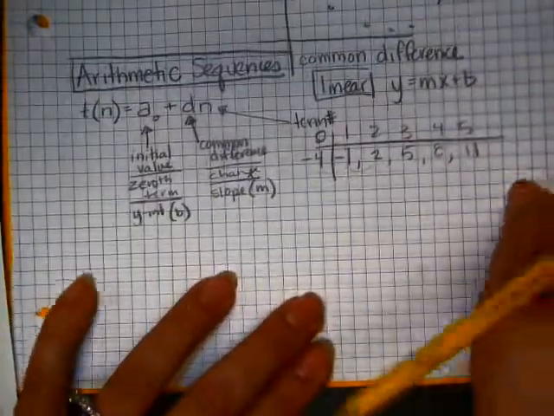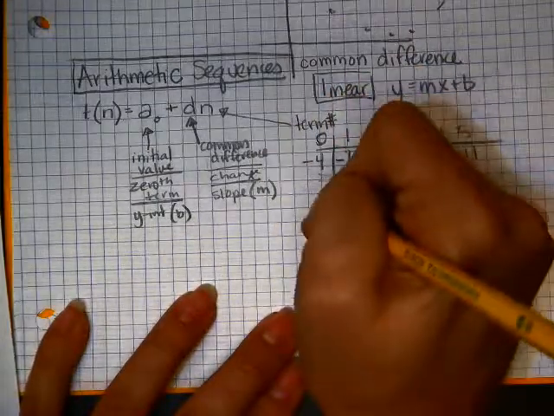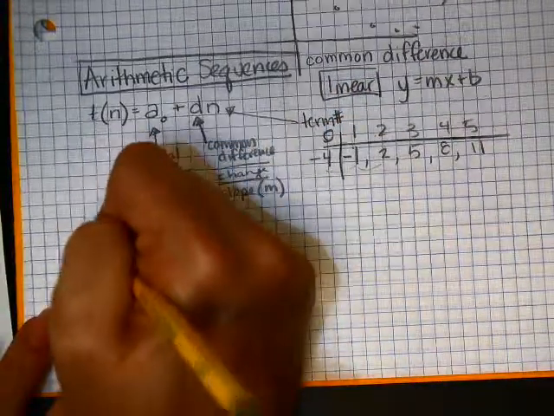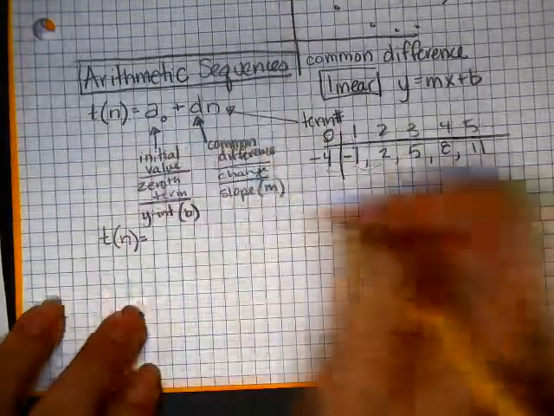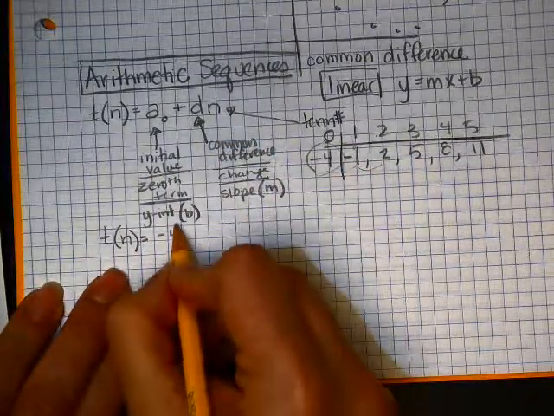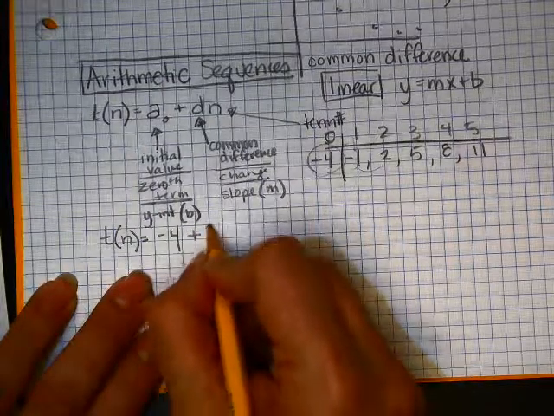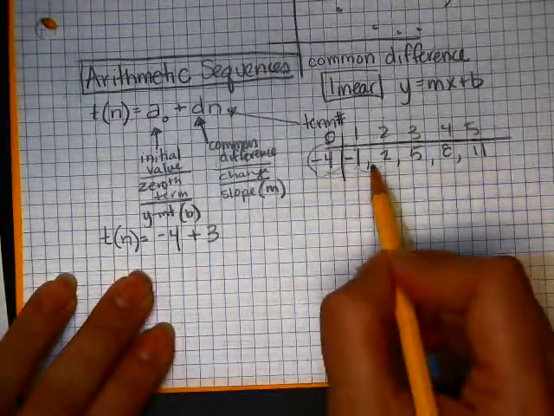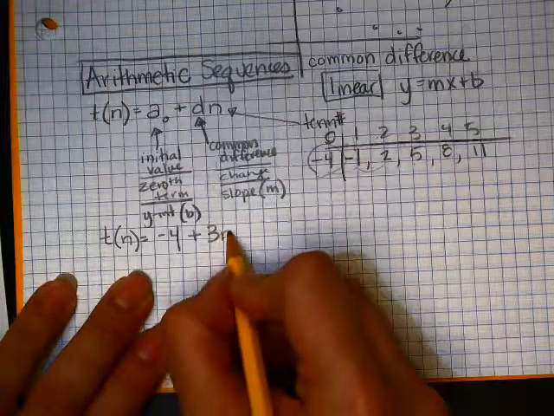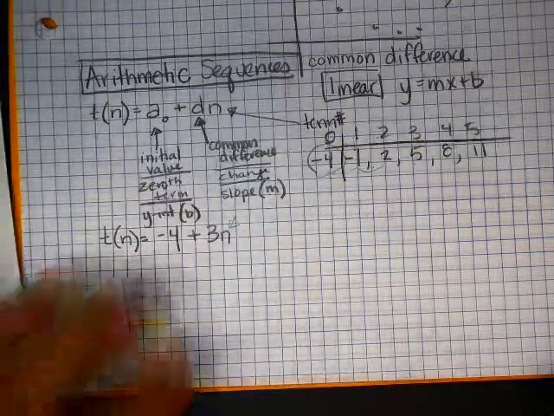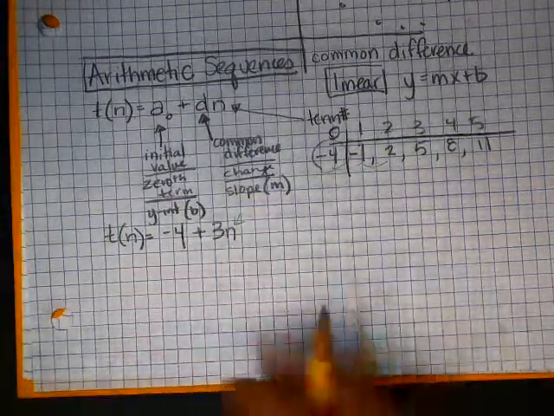And so in terms of the rule, we would say that t of n is equal to, we start off with -4, and then we add 3, and we add 3, and add 3, and add 3, and we just need to know how many 3's are we going to actually add. So this would be one way to look at it.